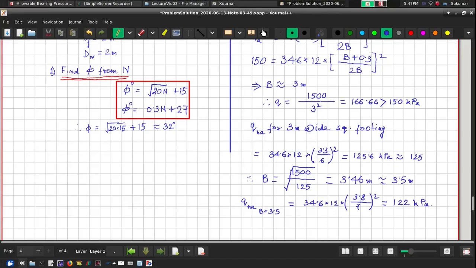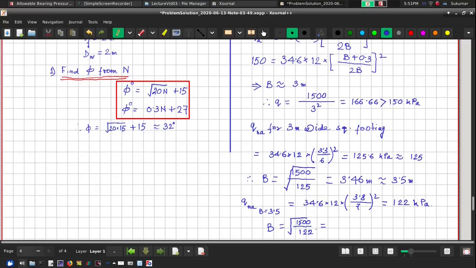All right, so now I repeat the same procedure once again. So with this value of allowable pressure, what should be the size? Okay, and so my new B will be root over 1500 divided by 122, and this gives me how much?